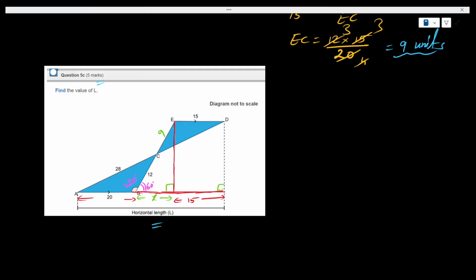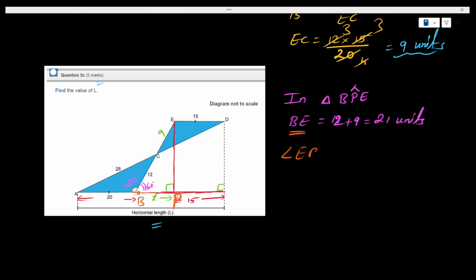Now see here there is similarity, there is trigonometry, and in that you are using the sine cosine rule also. So which triangle do I have to consider here? If I name this as P, in triangle BPE, what is the length here? BE length total will be 12 plus 9, which is going to be 21 units.